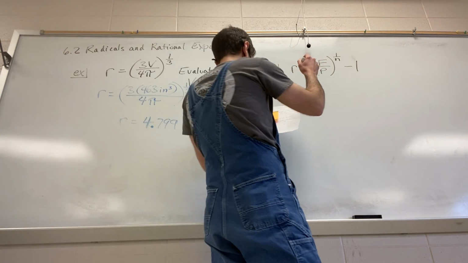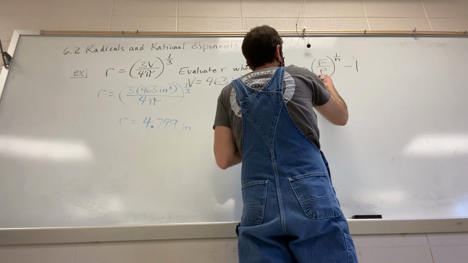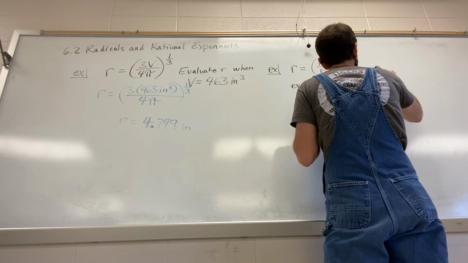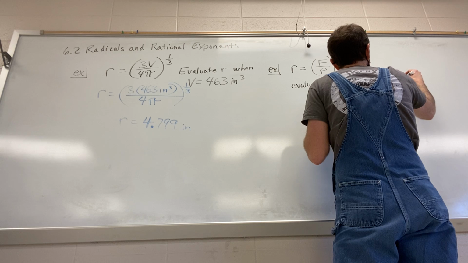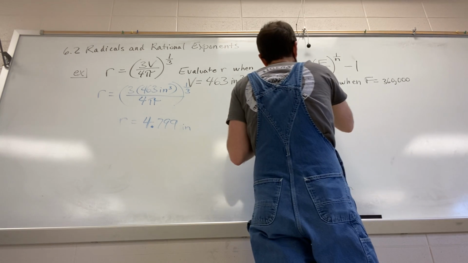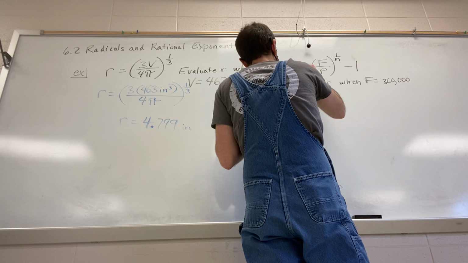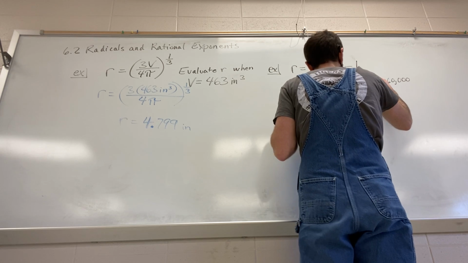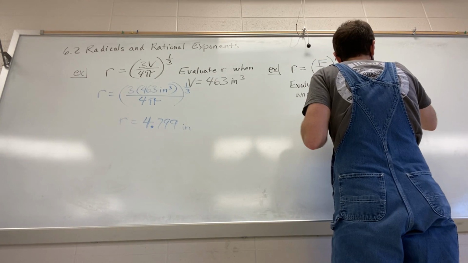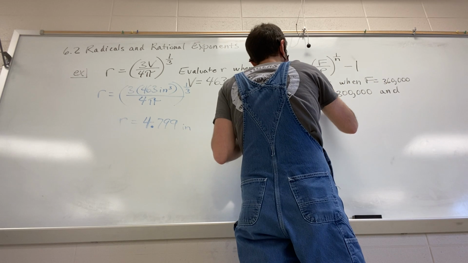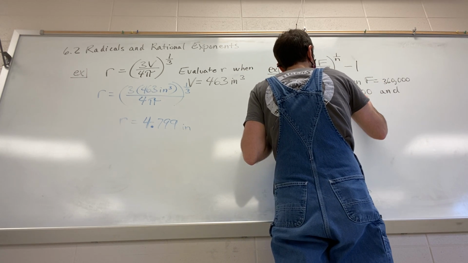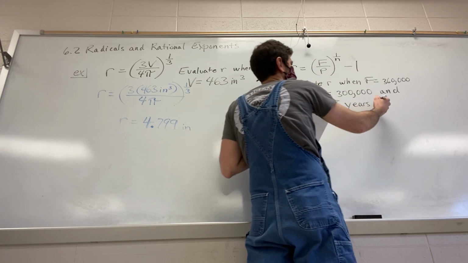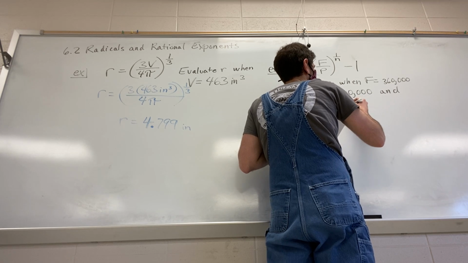But now it says to evaluate R when F is equal to 360,000 and P is equal to 300,000. And guess what? We got more, don't we? And N is equal to 8 years. I don't know why 8 has units on it and nothing else does, so that's kind of silly. Let's just say N equals 8. I can look up the equation.